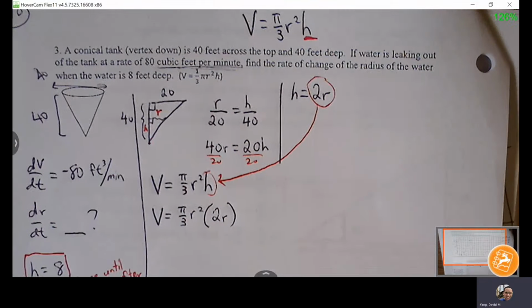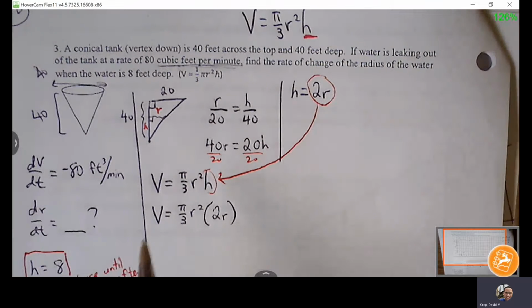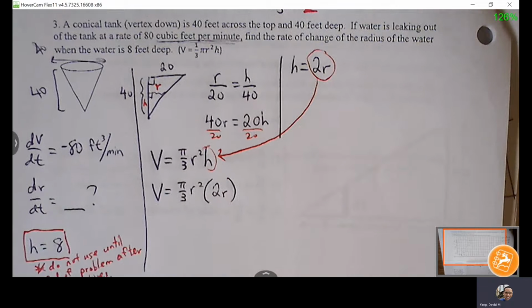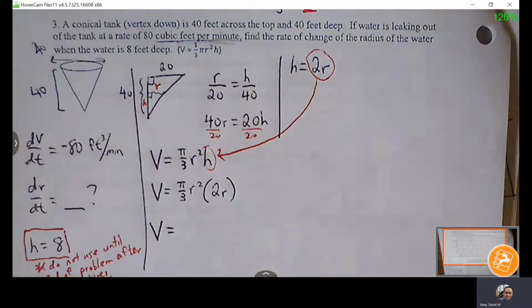Okay, we have to do our cleanup before anything with derivatives can come up. So how can I clean this up so it's nice and easy for our derivative step? Let's put the coefficients together. What would that look like?